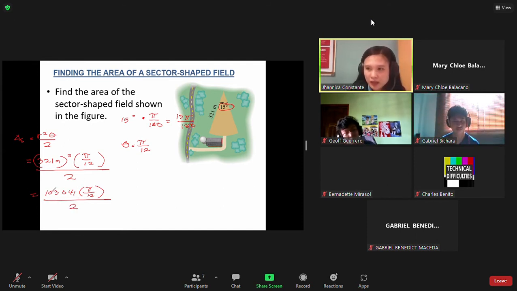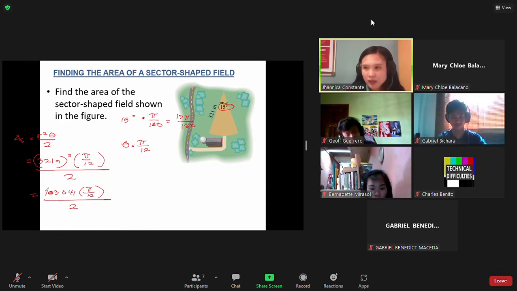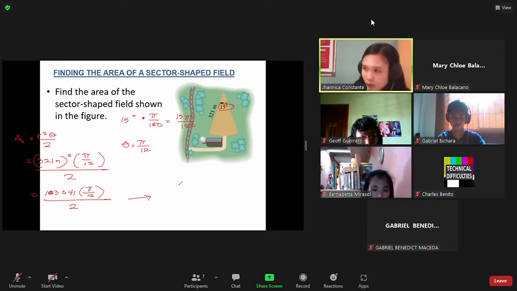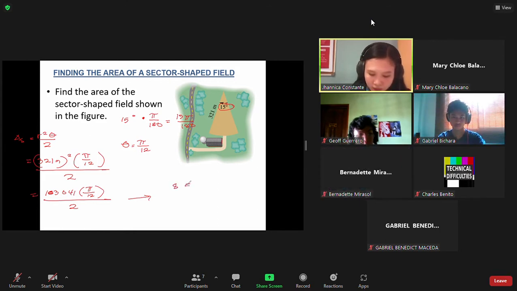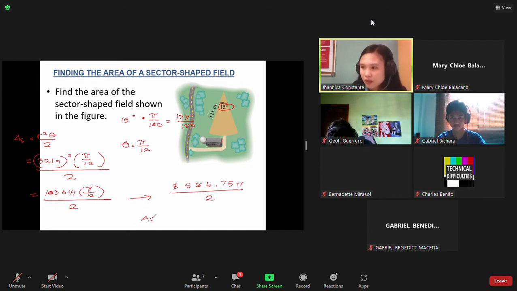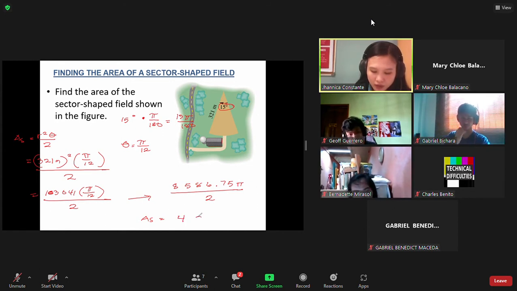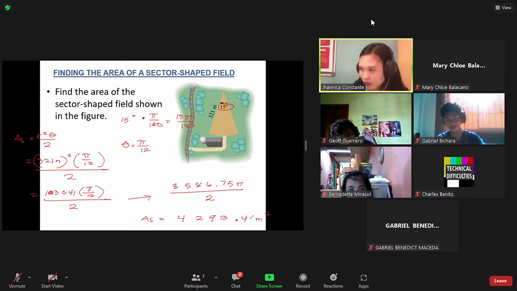So 103,041 times pi divided by 12, which is equal to 8,586.75 pi divided by 2. So the area of our sector, in terms of pi or in terms of radians, is 4,293.4 meters squared.